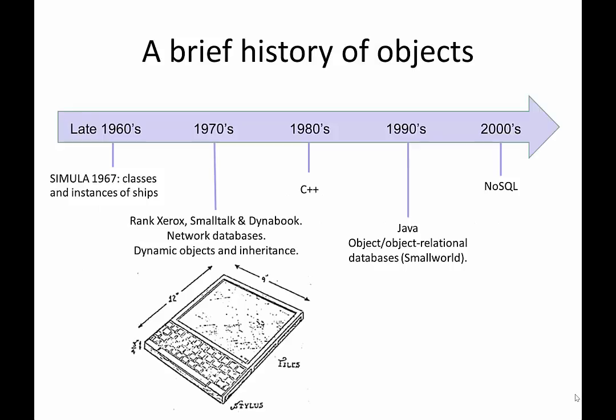A brief history of objects. Okay, they basically have a similar timeline to the relational model. They began in the late 1960s, almost exactly the time that Codd was developing the relational model. So it's not that they're a reaction particularly against the relational model, although they became that in due course. At the beginning, they were a way of dealing with a particular problem.